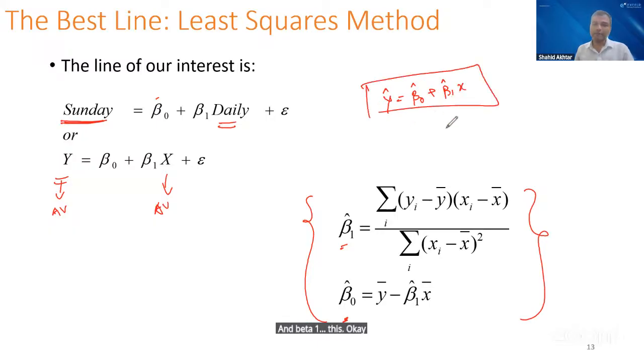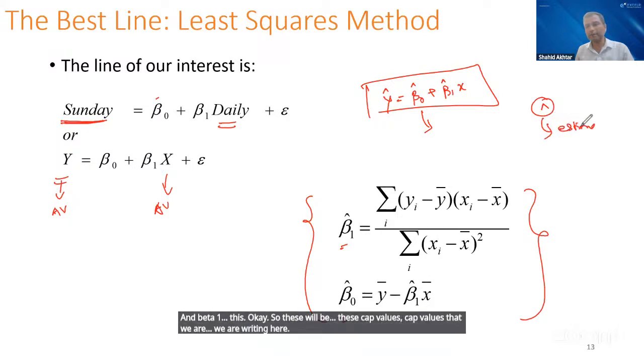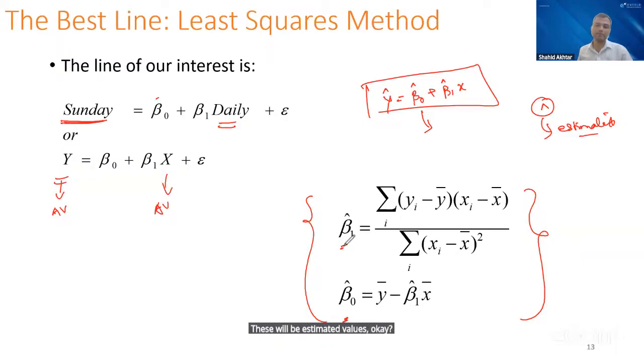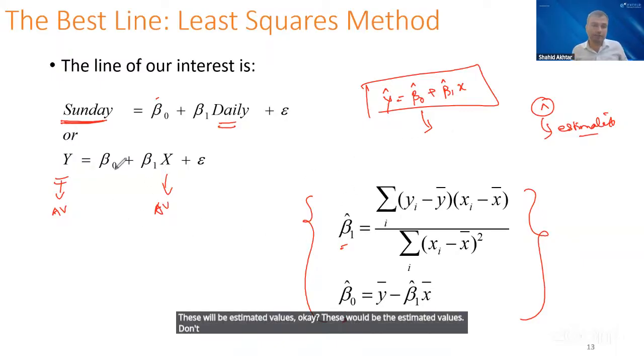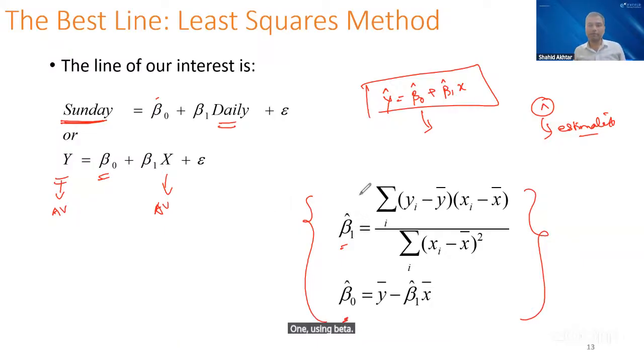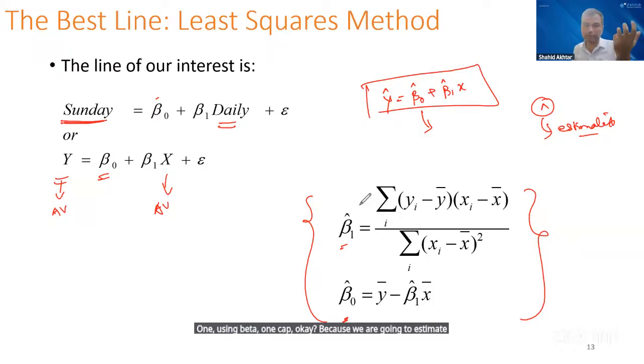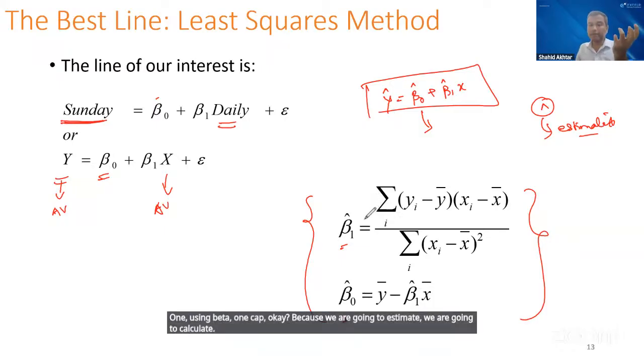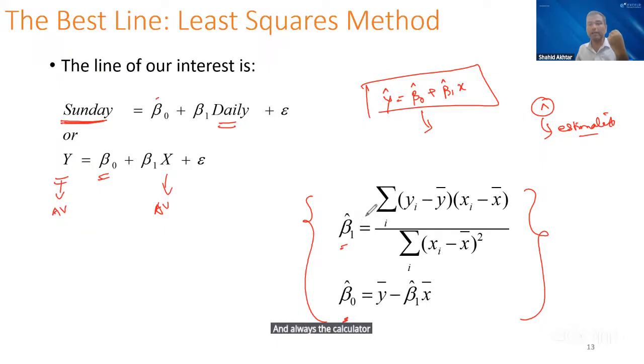These cap values that we are writing here will be estimated values. Don't confuse them with beta naught and beta 1. We are going to replace beta naught with beta naught cap and beta 1 with beta 1 cap, because we are going to estimate, we are going to calculate, and the calculated estimated values will always have something that will be the errors.